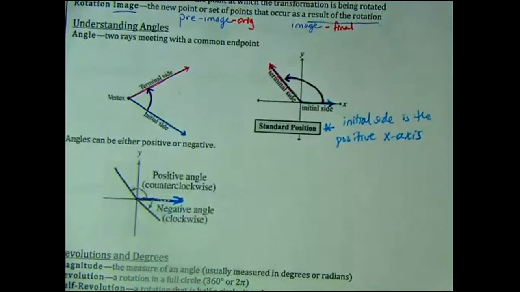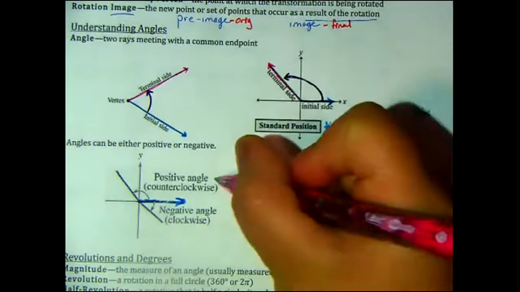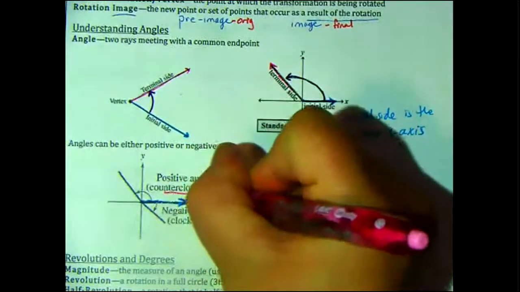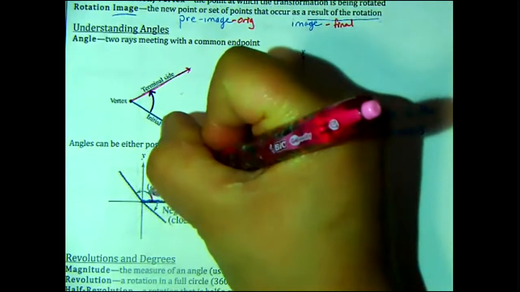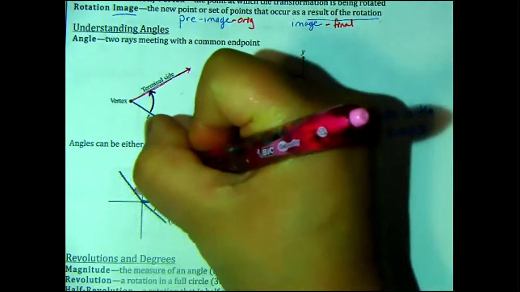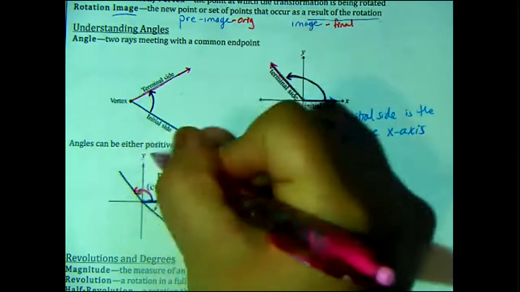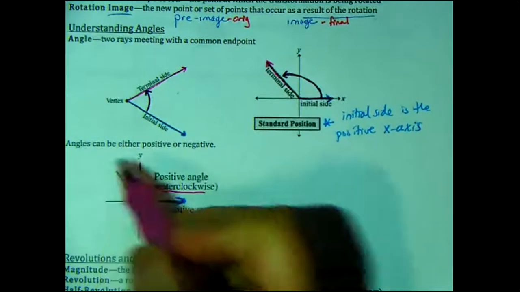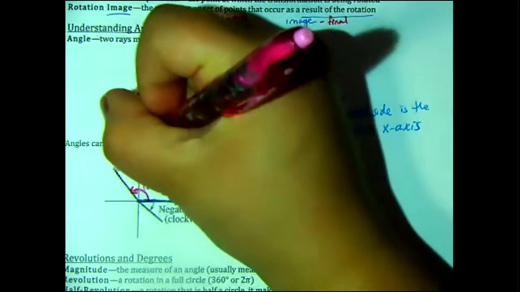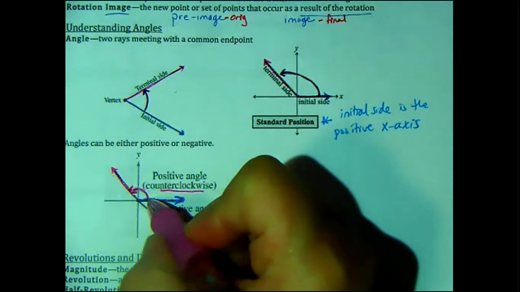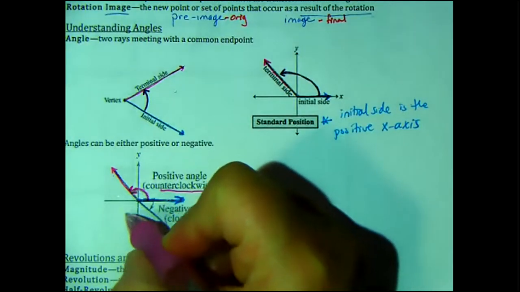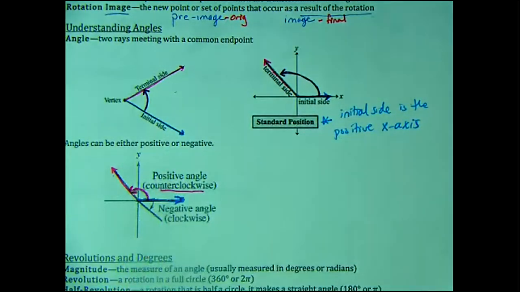If an angle is positive, that means it rotates counterclockwise, which means it goes upward and rotates counterclockwise, this way. Our terminal side would end up being wherever it does, but what's important is that the rotation is counterclockwise.